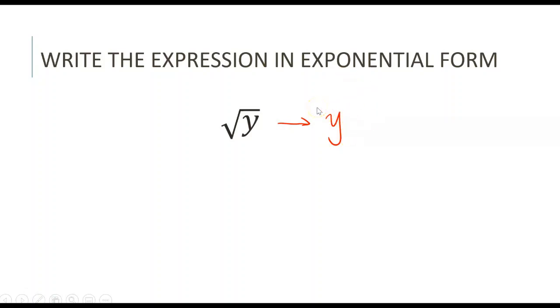Well, we have to use the invisible exponent and index here. So if my variable doesn't have an exponent, we assume that the exponent is just 1, right? Y to the first is just y. And then if this is a square root, the hidden index is 2. So use the same rule that we used in our last slide. If we have the square root of y, that can be written as y to the 1/2.